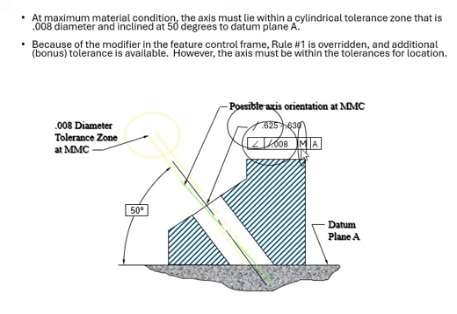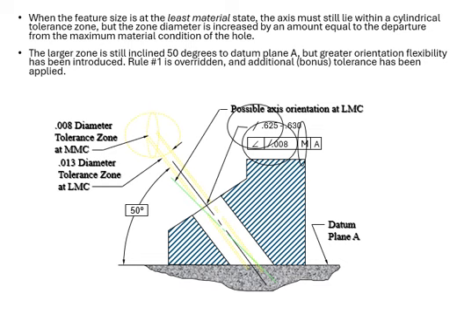Because our Rule Number 1 is broken, so we need a second tolerance to back up that first tolerance. Now we're going to add the bonus tolerance in this example because we're dealing with the MMC for the first tolerance. So the bonus tolerance is for your least material condition.